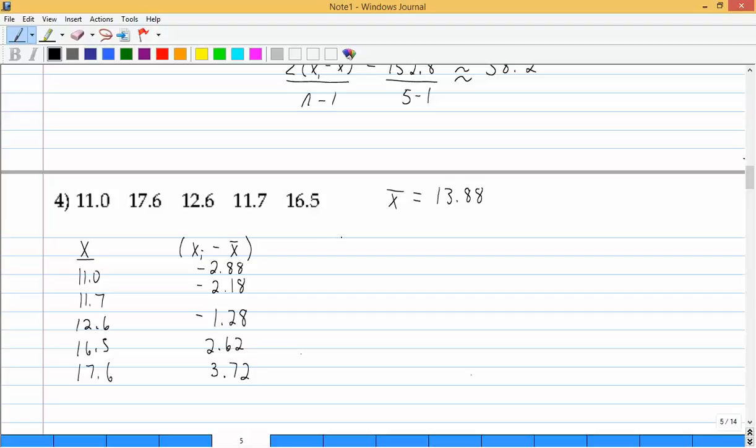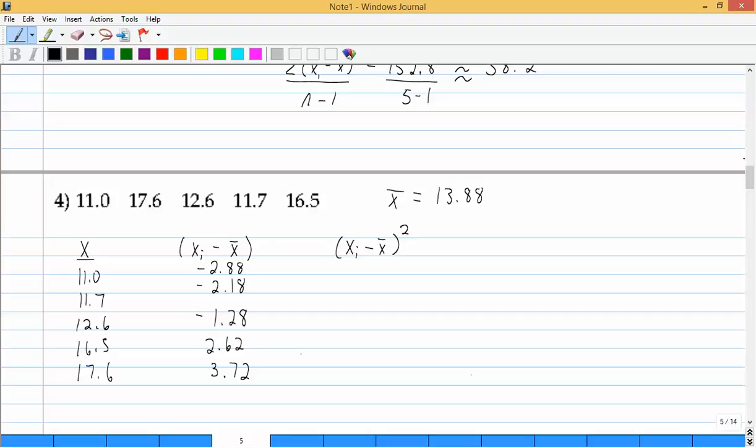Alright, now the next column is going to be what we just figured out squared. What that does is make sure that each one of these items is positive, because we can't get a negative standard deviation.